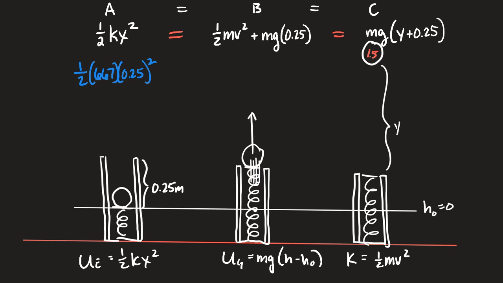Just as an aside, lowercase k is a symbol for spring constant. I didn't say that earlier. The units are newtons per meter. The spring constant tells you how strong your spring is. Stronger springs give you more force per meter. So a Slinky is going to have a really low spring constant.